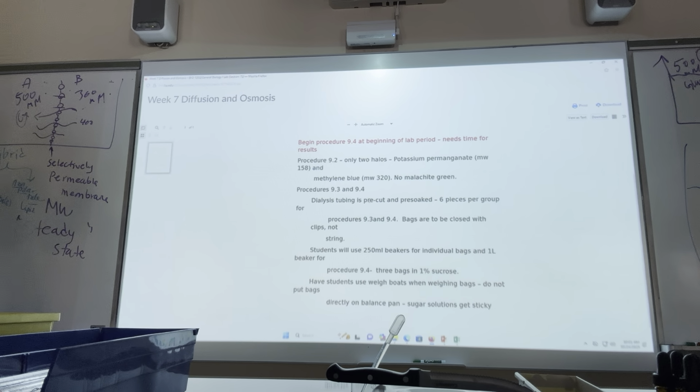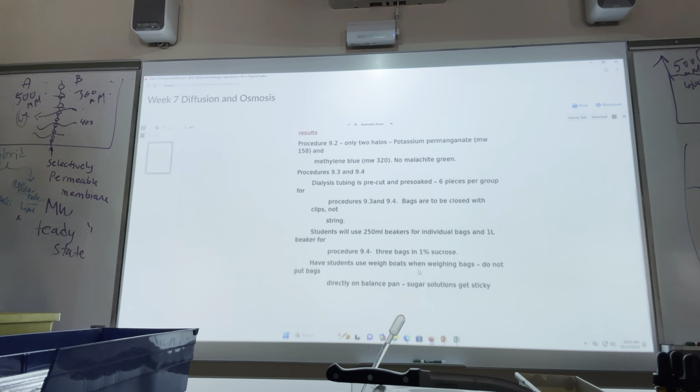The dialysis tubing is already pre-cut and pre-soaked for you in this beaker. There are 6 pieces per group for procedures 9.3 and 9.4. And for 9.4, there are 3 bags in the 1% sucrose. Okay?